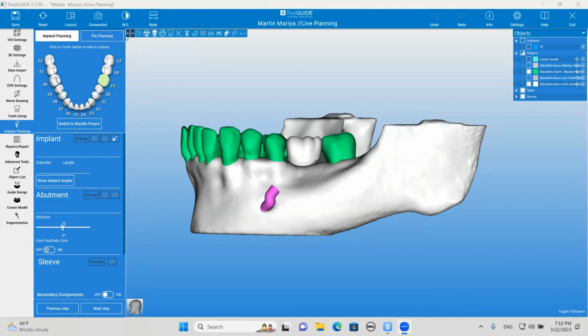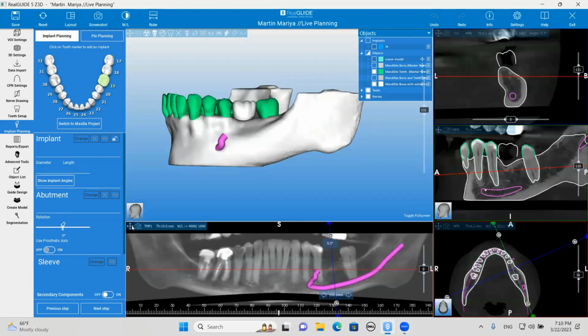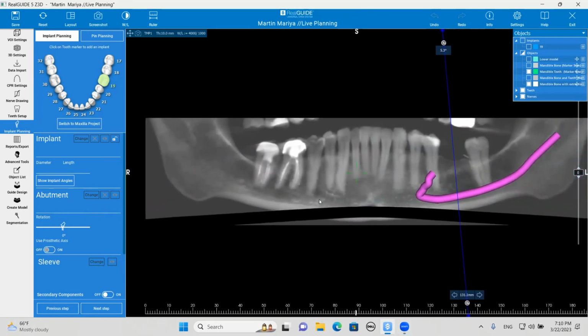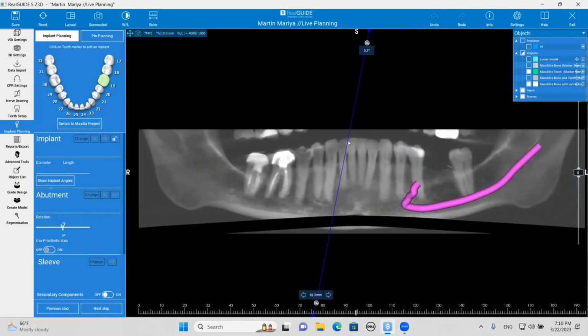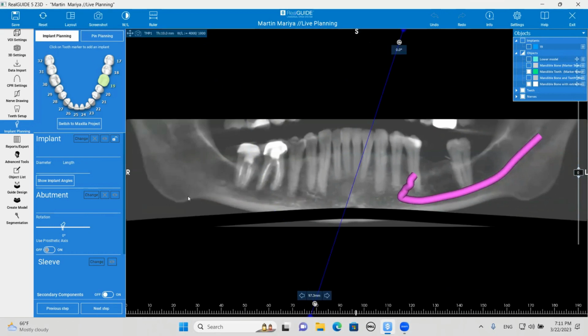So the next thing I want you to do, Hussein, let's go ahead and look at a pan view of this. Okay, so you've already drawn in the nerve. So the next thing, Scott, is what I'd like to do is evaluate the path of the nerve.